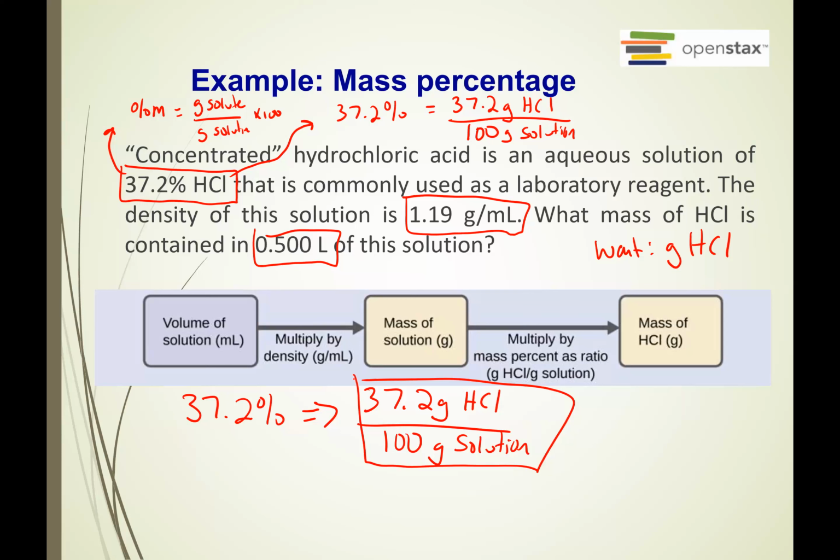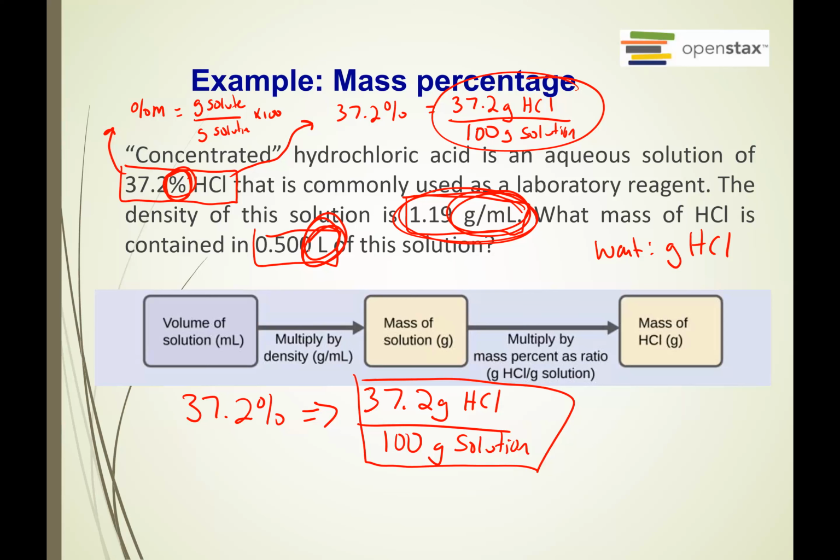So this percent has 2 units: grams of solute over grams of solution. This density has 2 units: grams over milliliters. This volume only has 1 unit: liters. Always start with a number with 1 unit.